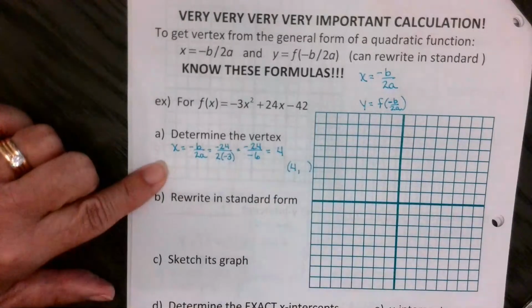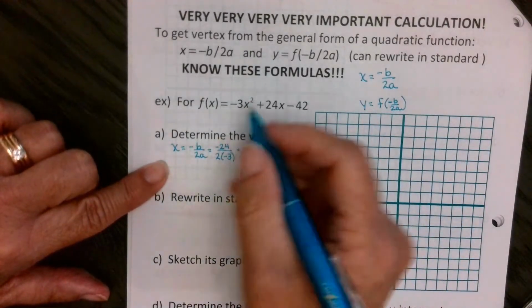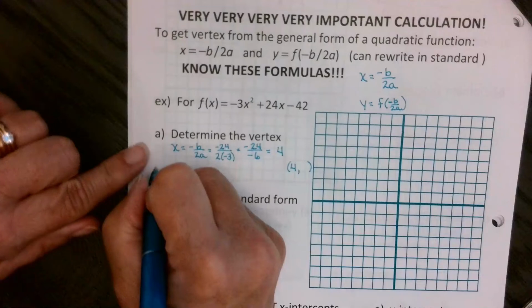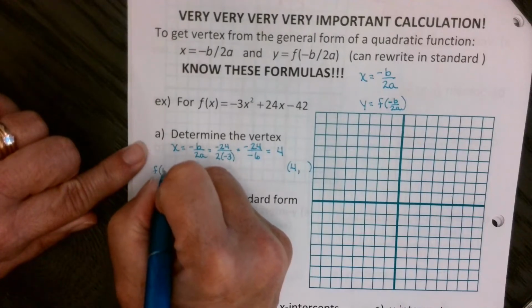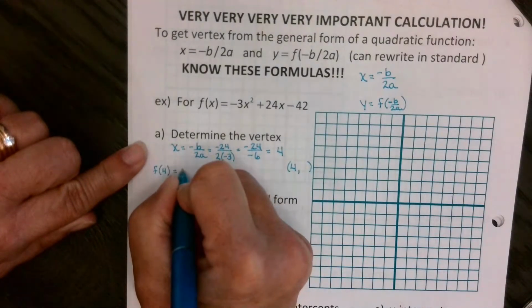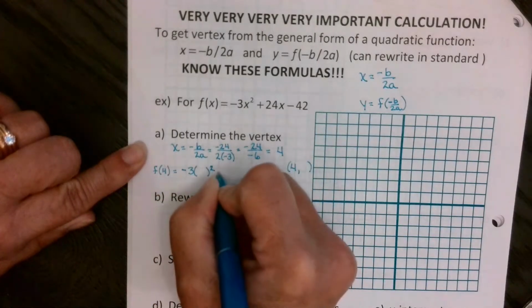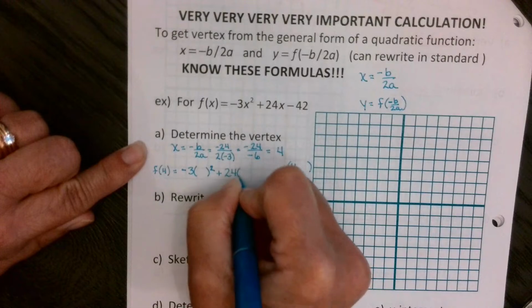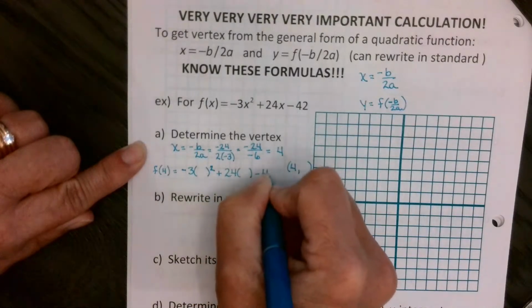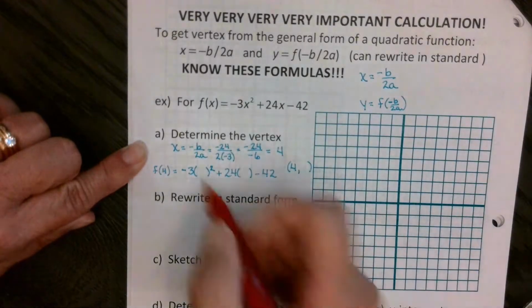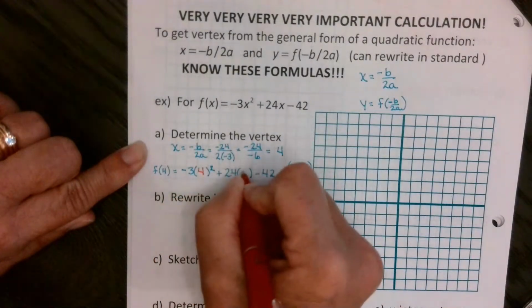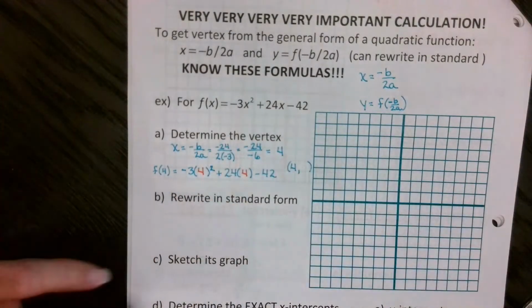Now you take your x and you plug it back in here. You're going to say f of 4, which means just plug it in for x: -3 times 4 squared plus 24 times 4 minus 42. So I take out my x and replace it with 4.